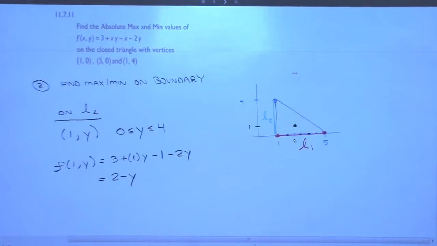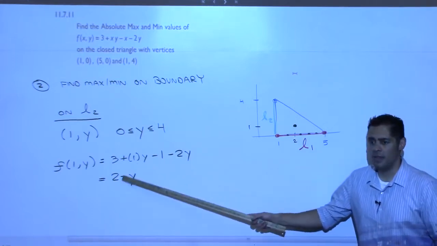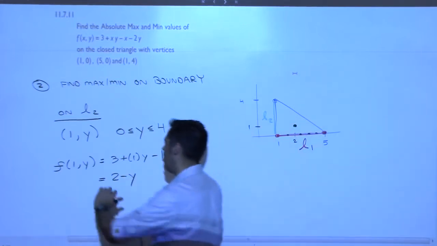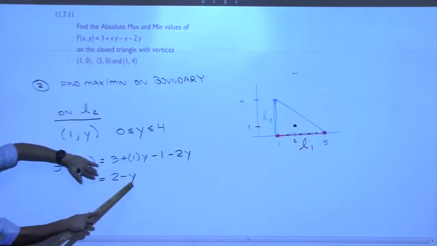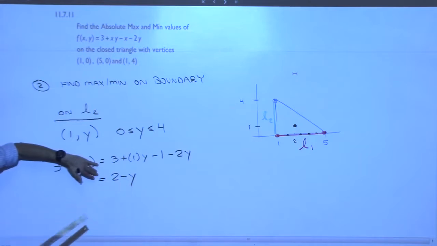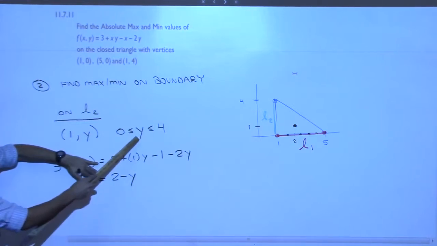If we follow the same procedure now, what we would need to do is find the critical numbers of this, acting as if this is now a brand new function of a single variable. Now, the fact that it's y, not x, let's not let that freak us out. It's the same thing we had when we had x in here. We're going to take the derivative of this with respect to y, and this is going to be our closed interval.